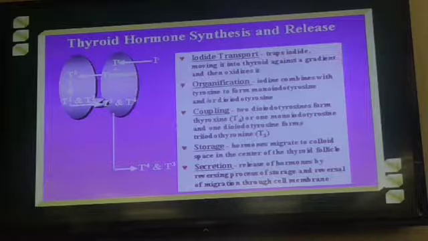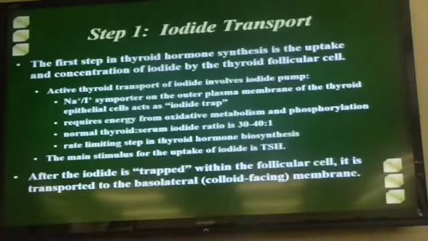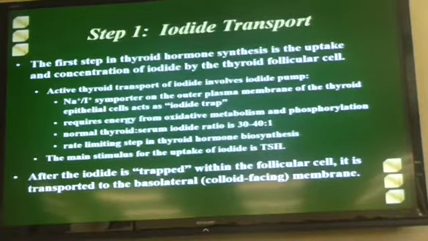They bind onto the thyroglobulin and they stay there. Then we have secretion, and this is where you reverse that process. You have endocytosis, cleavage, release of the hormones, and recycling of the other things that got endocytosed into the cell.